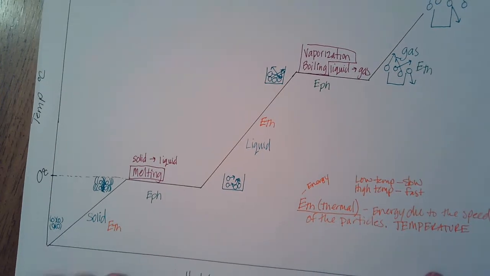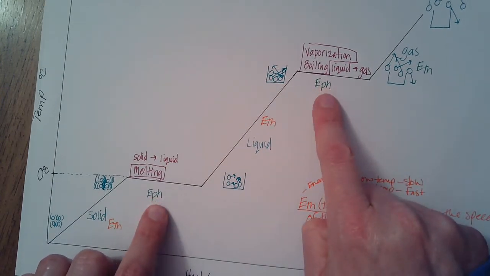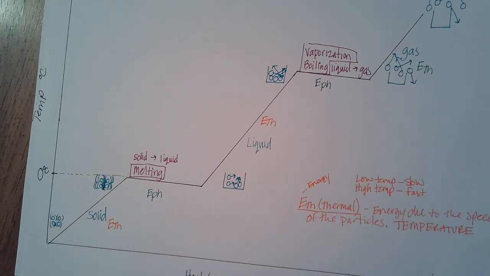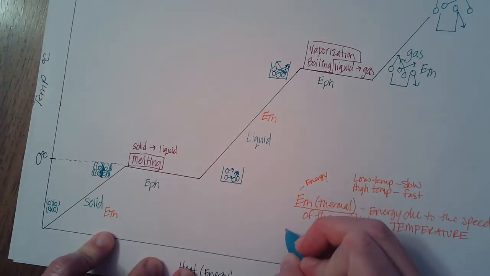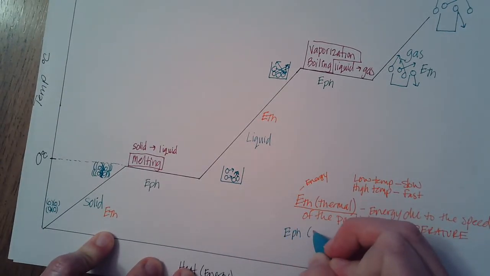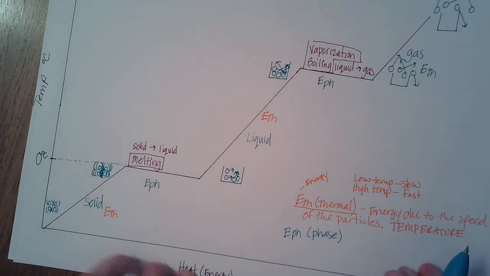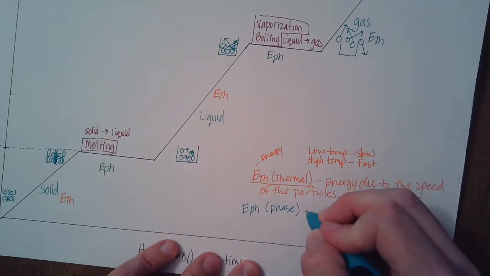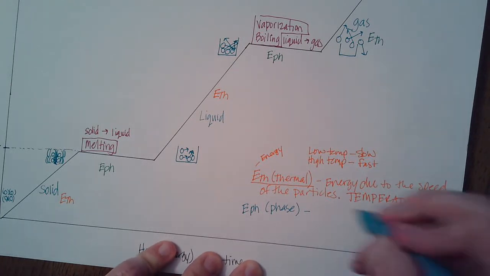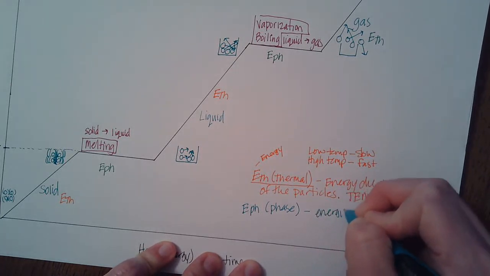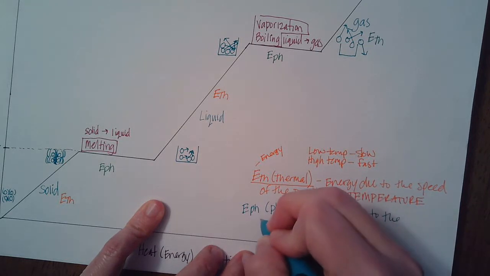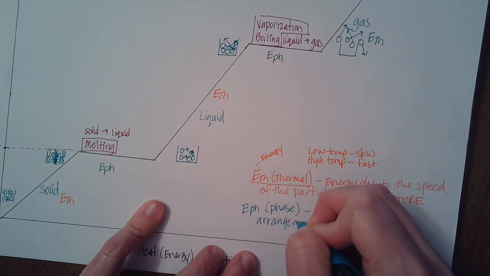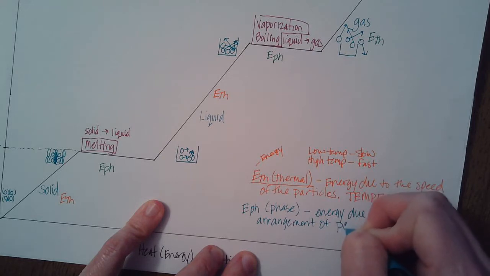But we also have this thing called E phase. And this is probably new energy for you all. Phase energy is energy due to the arrangement of particles.